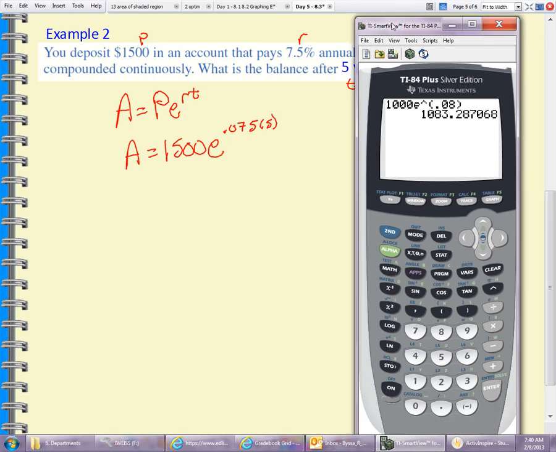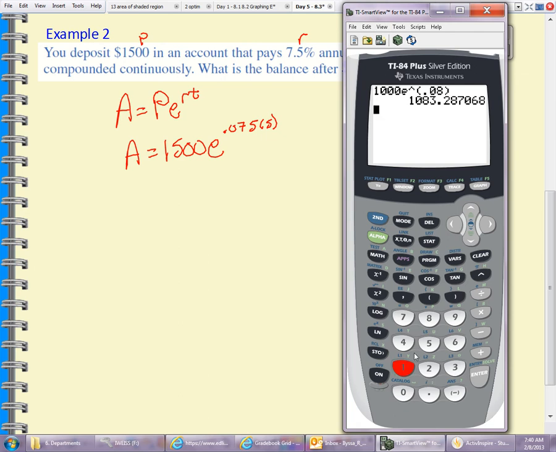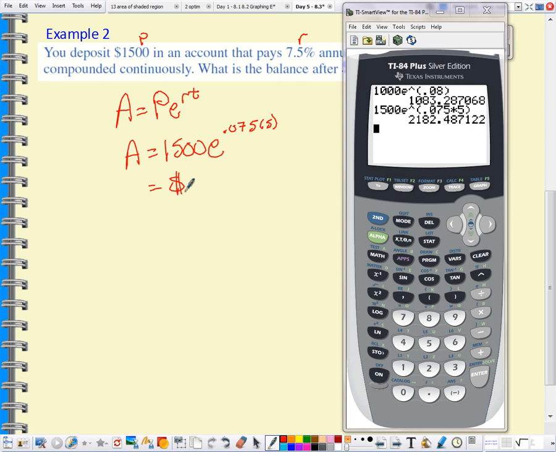And now we have to be careful when we plug this into our calculator. Make sure you close your parenthesis on your exponent so that the calculator knows you want to multiply the rate and time before making it an exponent. We would have $2,182.49.